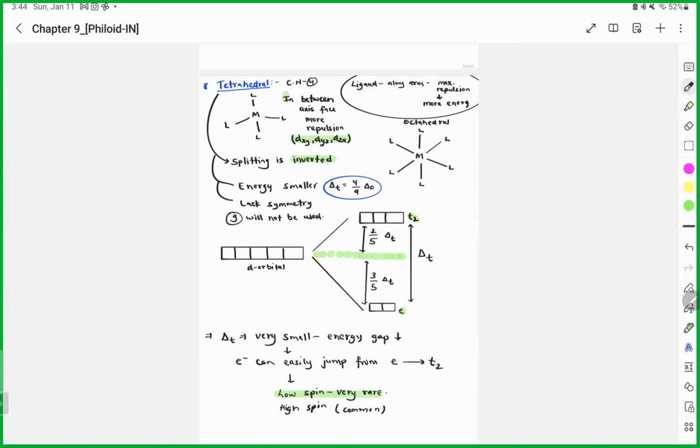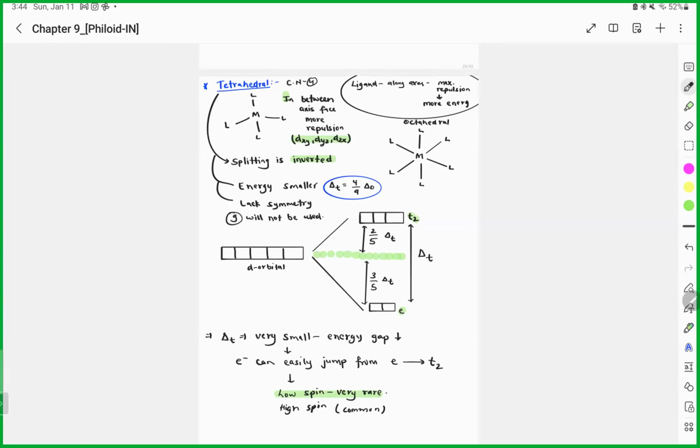In the presence of the ligand field, the metal's 5 orbitals break into 3 and 2, known as t2g (3) and eg (2). In tetrahedral, it is reversed.